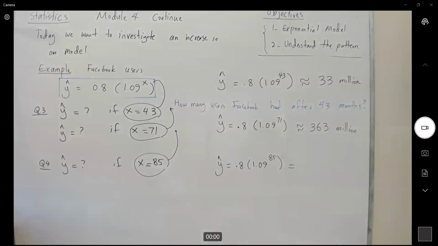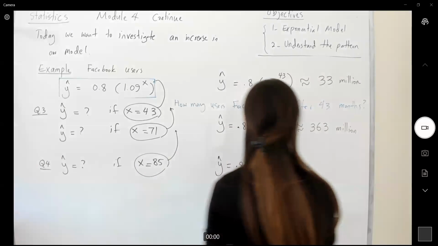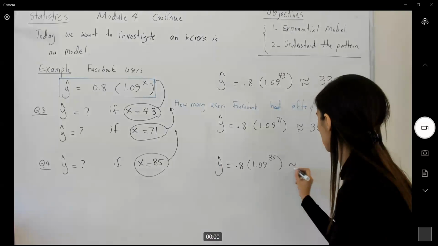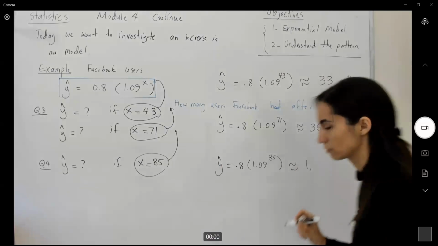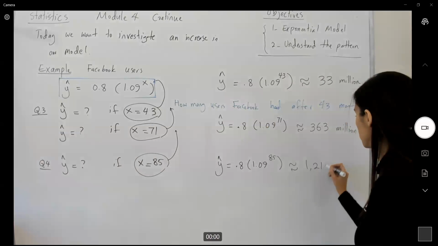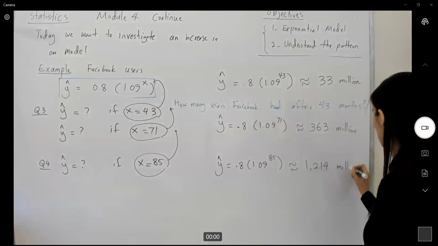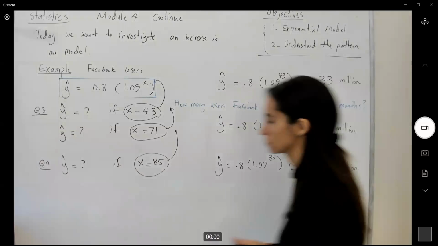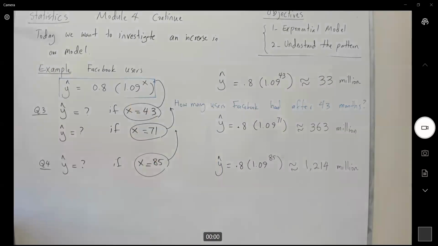And after 85 months, excellent, Anna, you get 1,214 million, so 1.2 billion users.